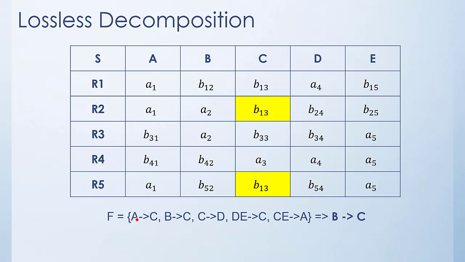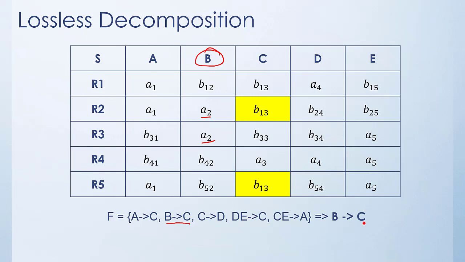Next, we have already considered this functional dependency, so we need to consider the second functional dependency. B determines C. What we have to do is look for the rows where the symbol for the B attribute is the same. You can see that for row 2 and row 3, the symbol of B is the same, that is A2.